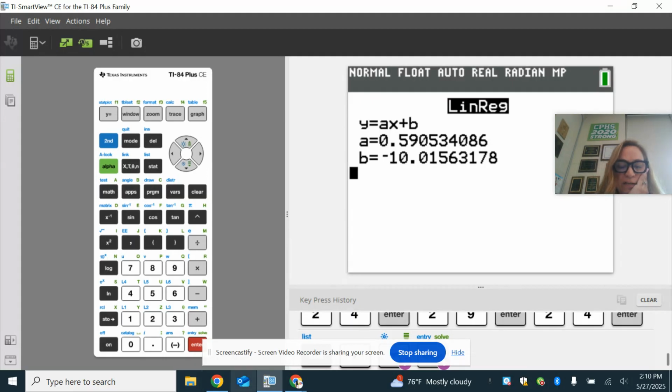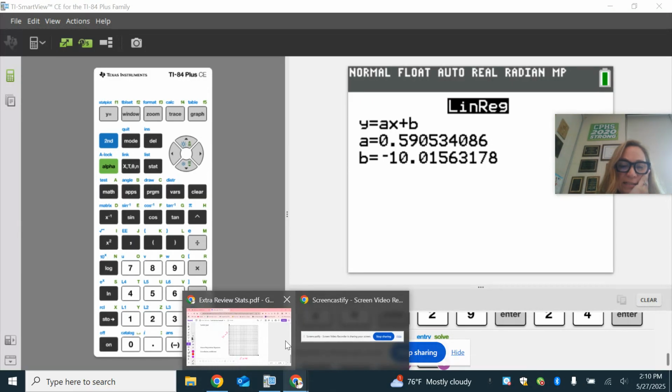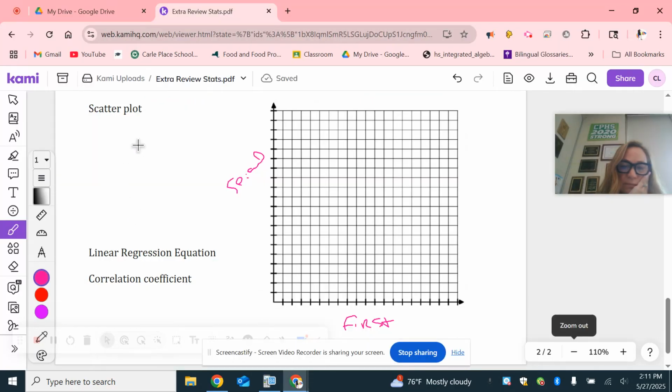Okay, I did both to the nearest hundredth, and again, on the test it tells you. All right, so I have y equals 0.59x minus 10.02, and then correlation coefficient r.